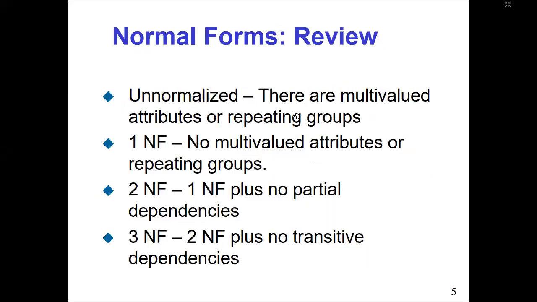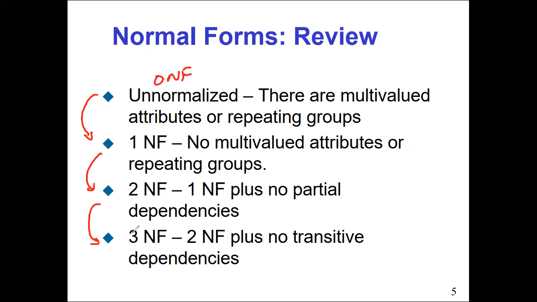Right. Now we will be learning the normal forms, right? Before normalizing, we call it unnormalized, or else you have another word called zero normal form, 0 NF. From 0 NF to 1 NF, 1 NF to 2 NF, 2 NF to 3 NF.